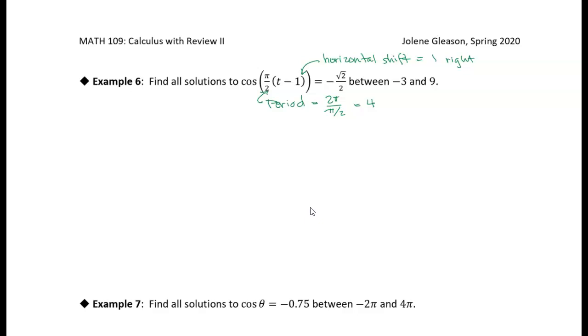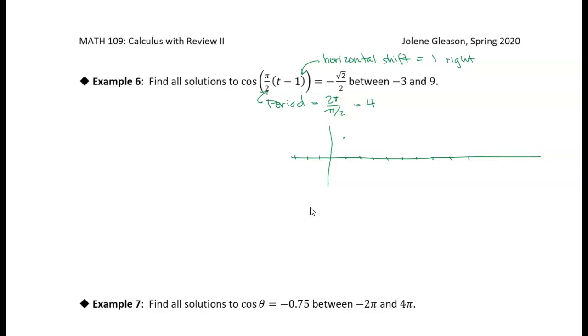So sometimes it's helpful to have a little picture, get your head around it, right? So I'm just going to sketch what this graph looks like. Okay, so 1, 2, 3, 4, 5, 6, 7, 8, 9, and then I need to go 3 over this way. All right, so it's a cosine function. It's shifted to the right by 1.